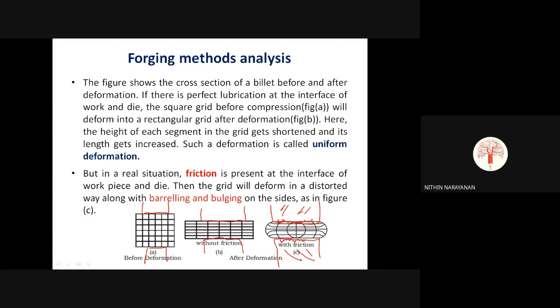So the material nearby this die, which is coming into contact with the die, will have layer by layer frictional resistance applied to it by the friction force. Okay. So as a result, what are we getting? We are getting a bulged shape like this. Okay, or a barreled shape like this.